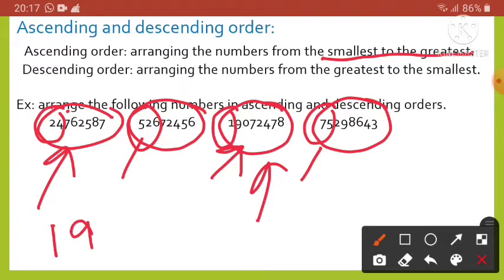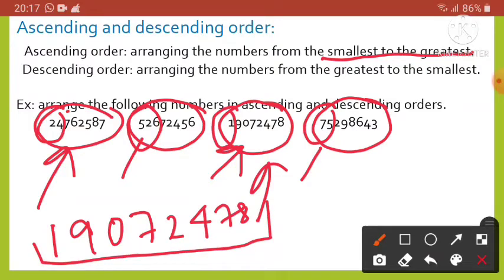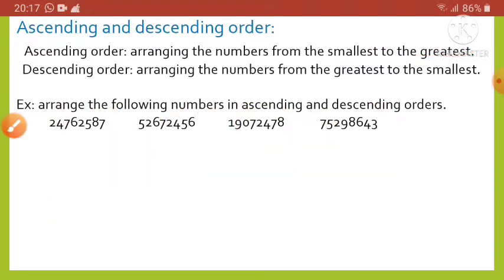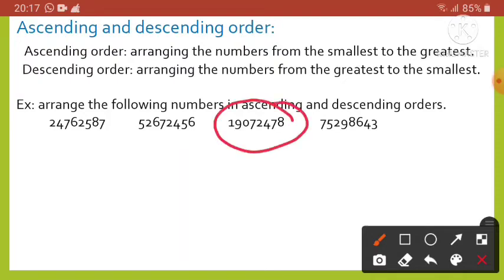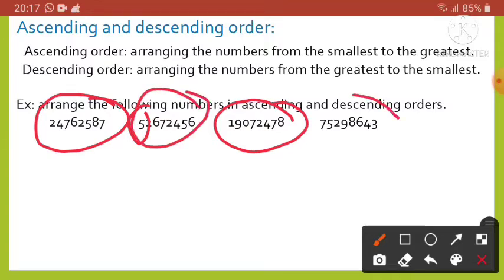So 190724778 is the smallest number. It is the first smallest number, then this will be the second smallest number, then the one with 5 on the extreme left is the third number, and this is the fourth smallest number, or you can say the largest number among all these numbers, because on the extreme left it is 7.